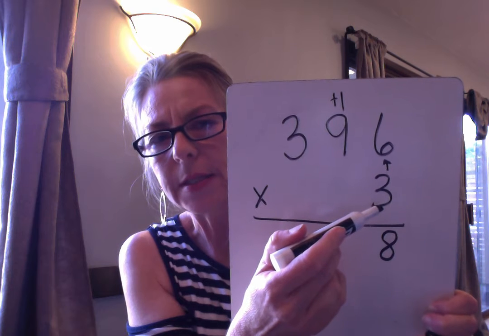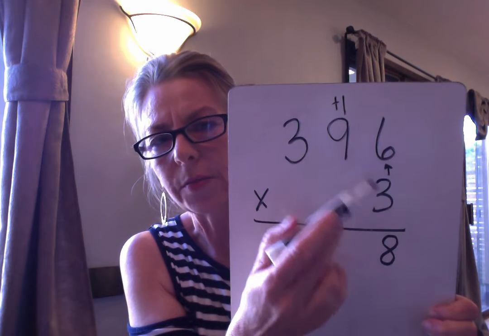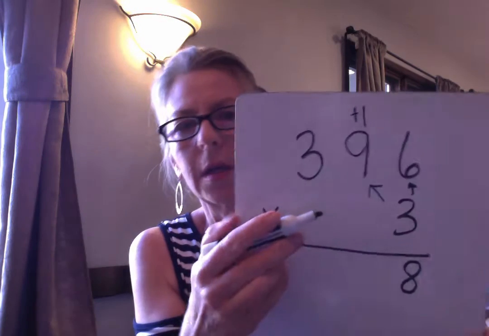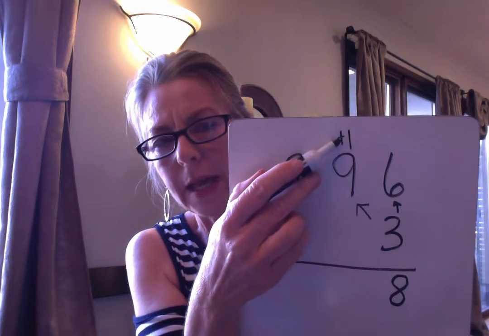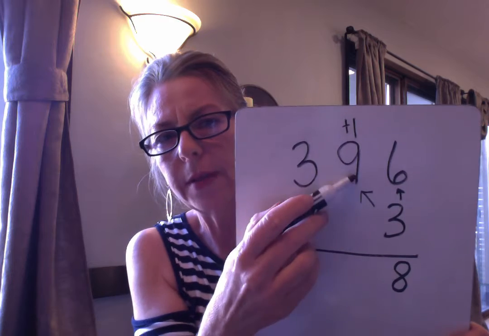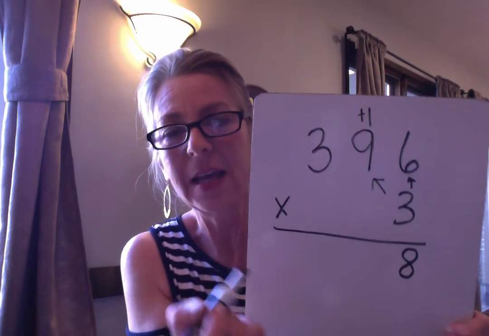So our next step is to take our multiplier, 3 times our tens, 3 times 9 tens, and 3 times 9 equals 27, so we're going to have 27 tens plus one more 10. So 27 plus 1 is 28, so that's 28 tens.